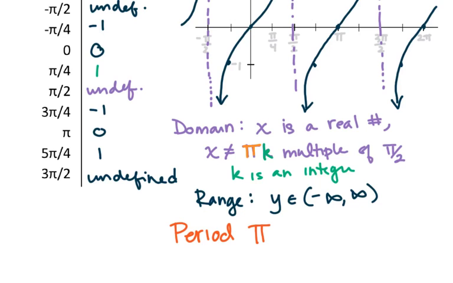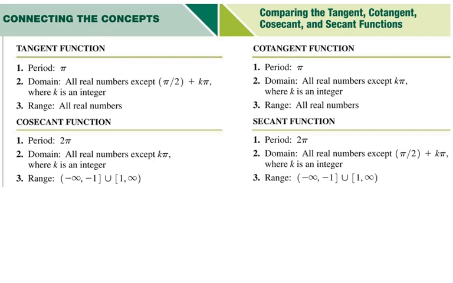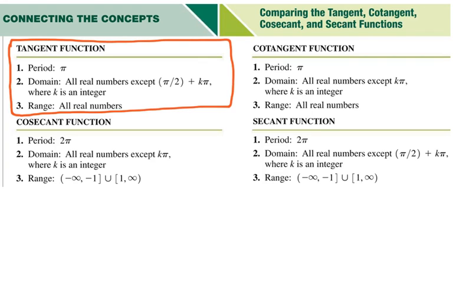So on the next slide, I'm going to pull some stuff in, and we're going to look at the graphs of the reciprocal functions as well. So we just talked about tangent, and you do need to know this information about tangent for this class. This is stuff you want to recall. So you want to know that period.